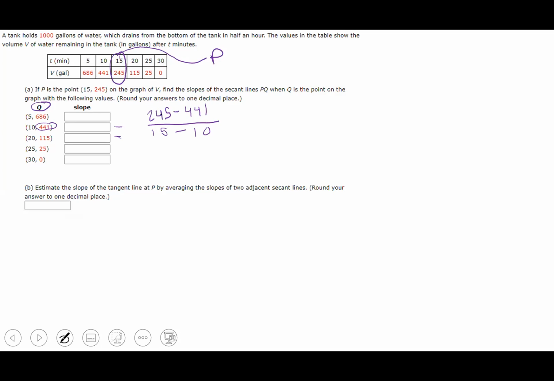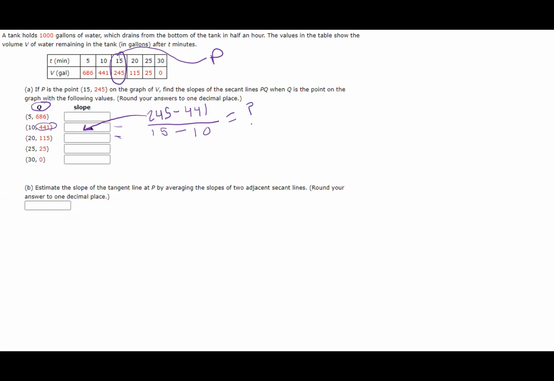So 245 corresponds to P, and 15 minutes corresponds to P. And I don't know what that equals, but I'm gonna let you guys calculate that. And that would be the slope of that secant line when you're going from P to Q.